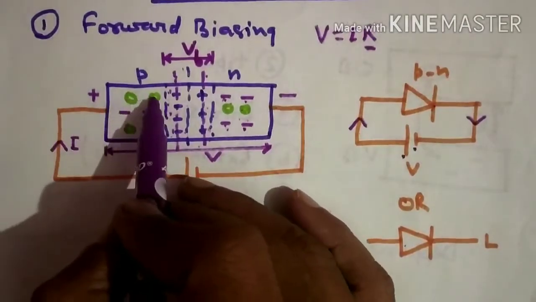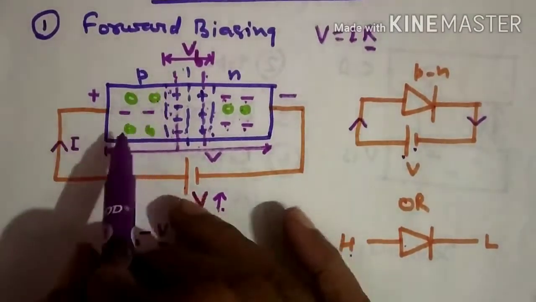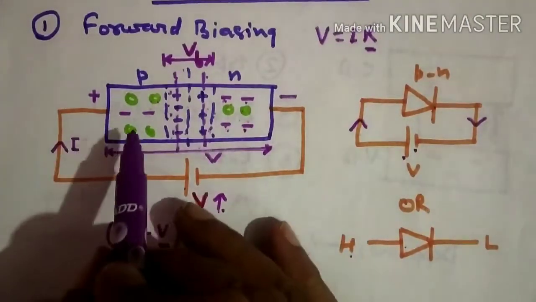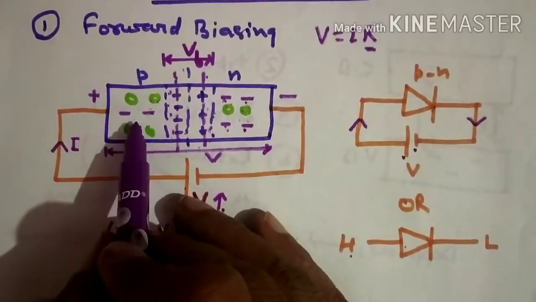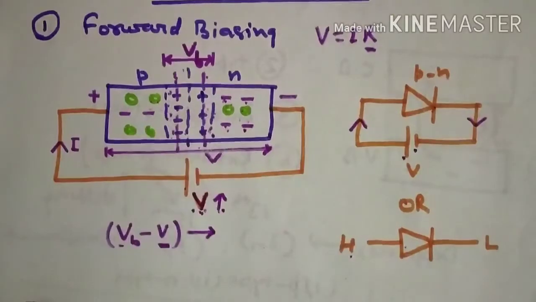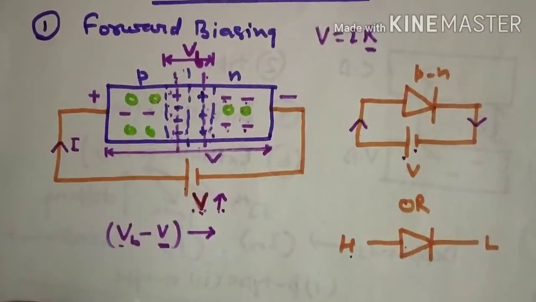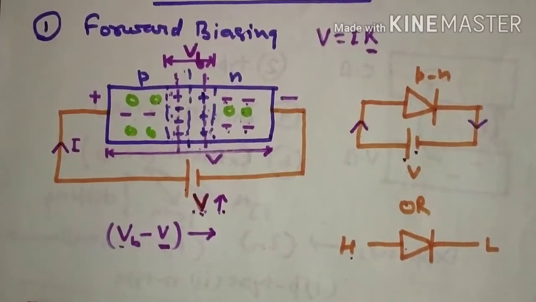And here the holes are minority current carriers, whereas on the other side the holes are majority current carriers. So again the holes are entering the minority region. When majority current carriers move or enter into the region of the minority, this is called minority carrier injection.